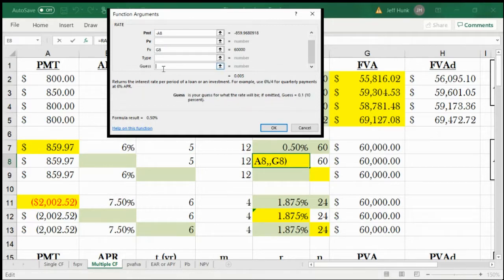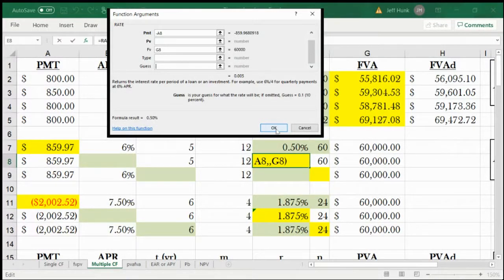And down there, guess, you don't have to take any guess because when you entered future value, you already got the result. And besides, we are nailing it. There is no reason for taking a guess.